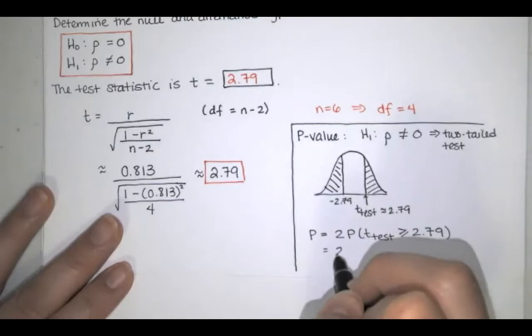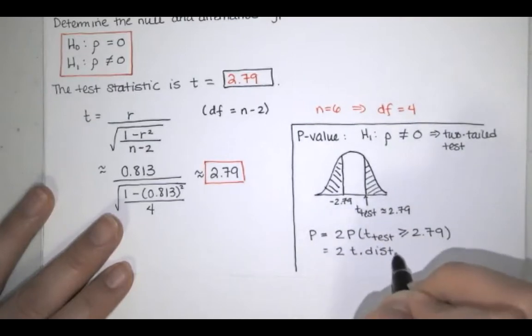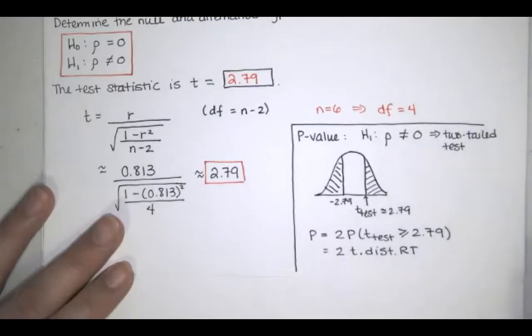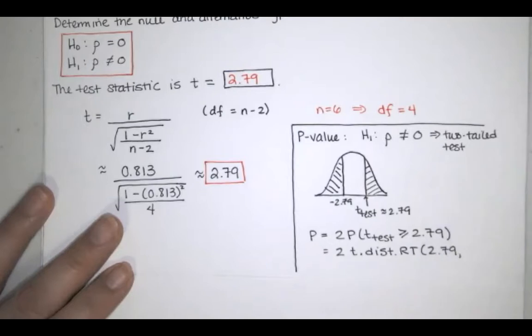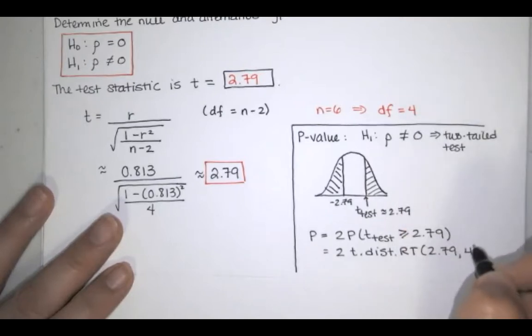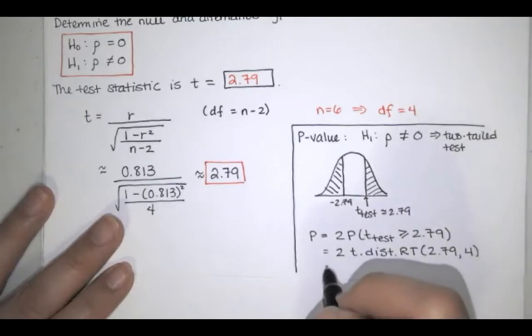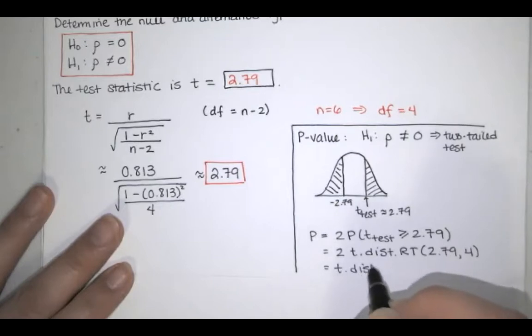So we could use t.dist.RT for right tail and multiply it by 2. Then we'll have a 2.79 here, and then we've got 4 degrees of freedom. That's one way of doing it. Or we could use a two-tailed test. We could do t.dist.2t in Excel.